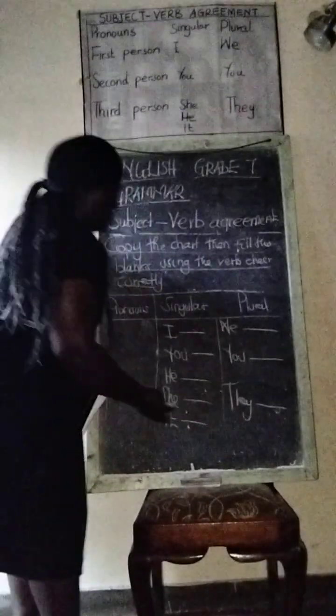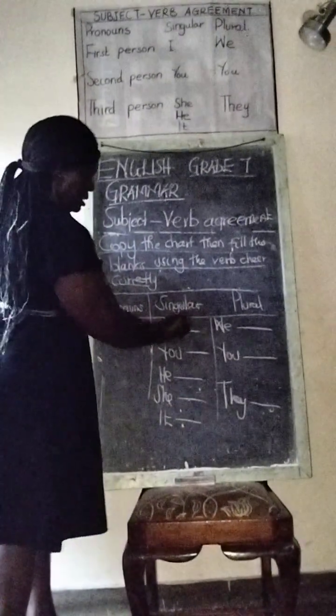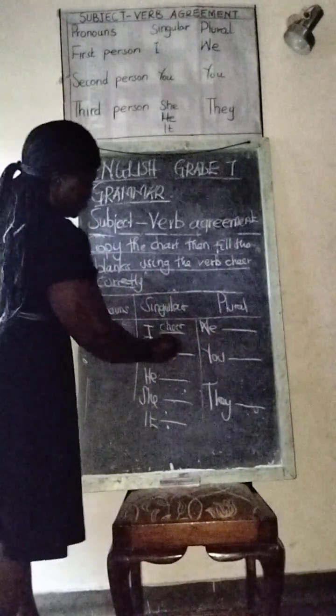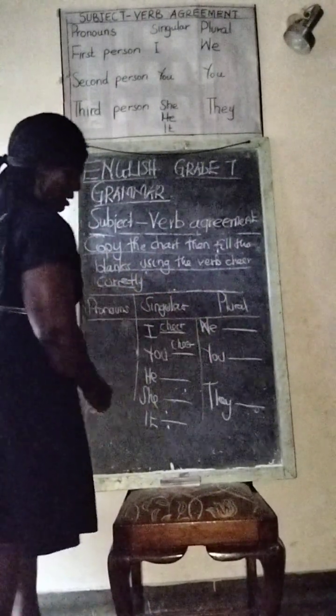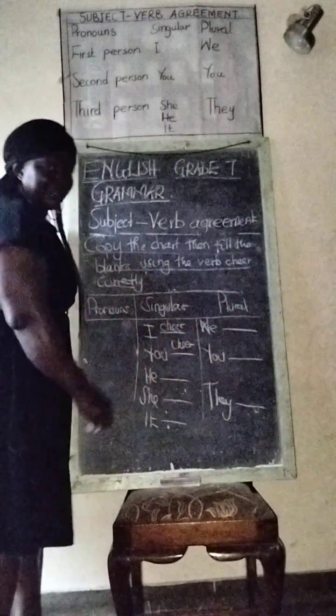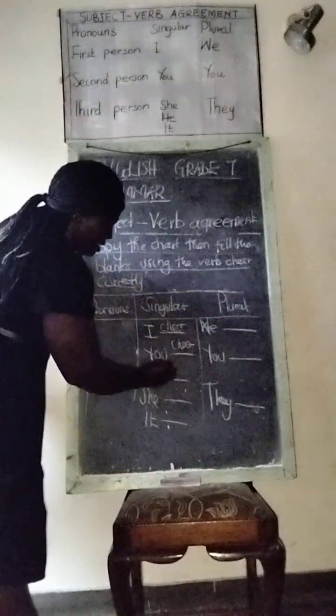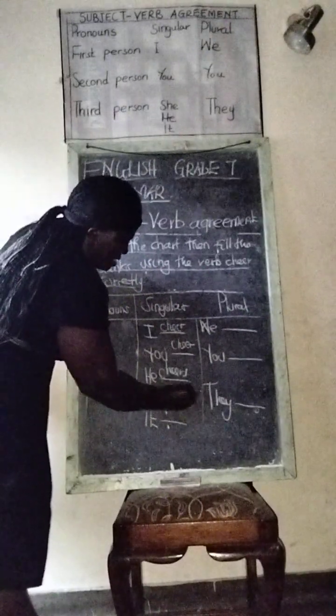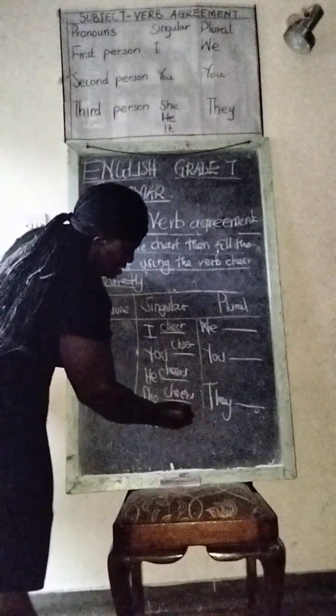So complete: I cheer, for example, you cheer. Then you say he, what have you written? He cheers, she cheers, it cheers.